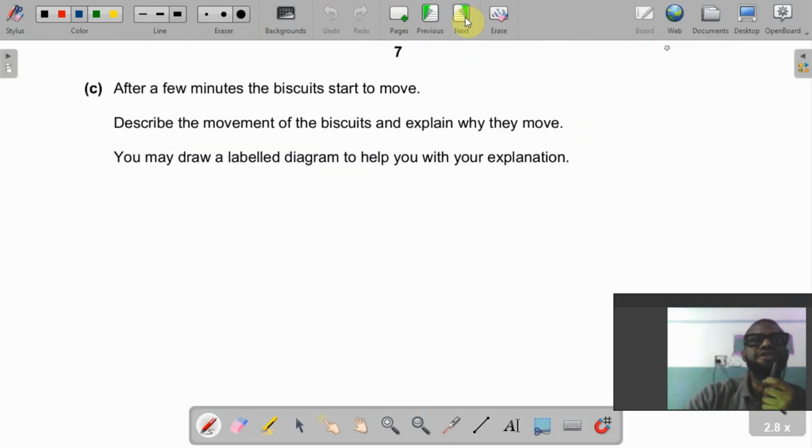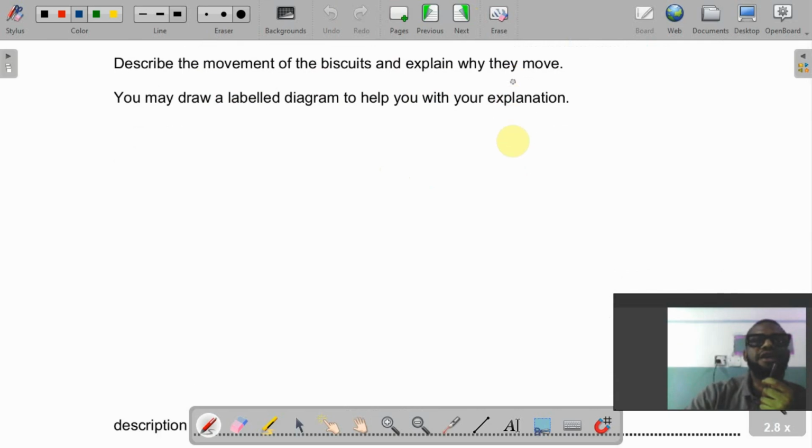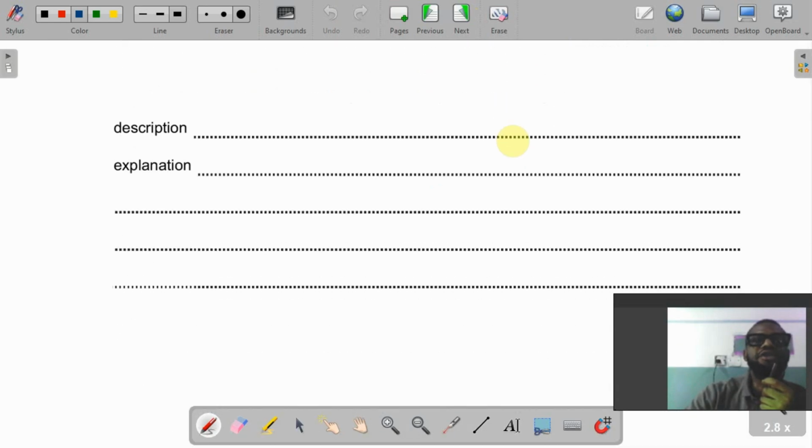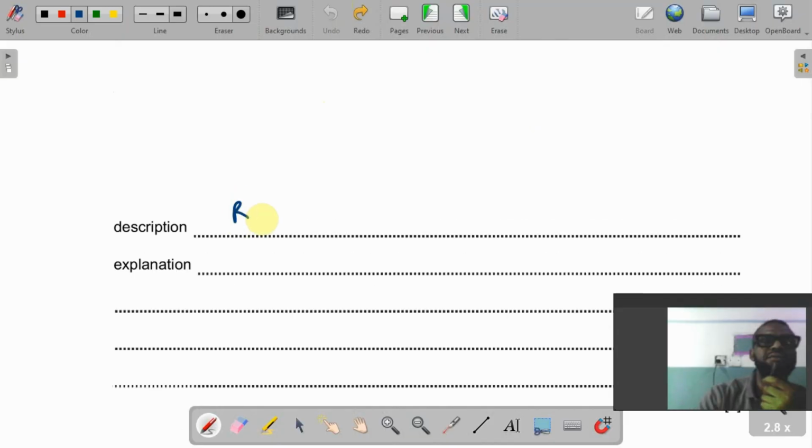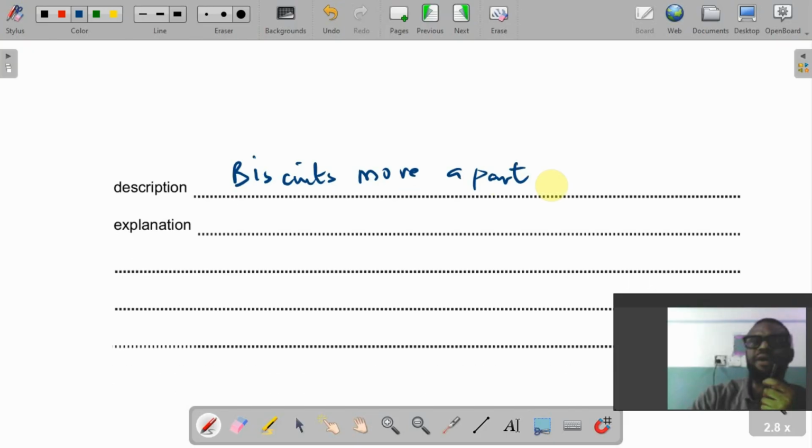After a few minutes, the biscuits start to move. Describe the movement of the biscuits and explain why they move. You may draw a diagram. Description: the biscuits move apart. And why do they move apart?